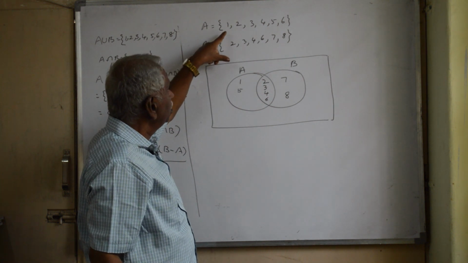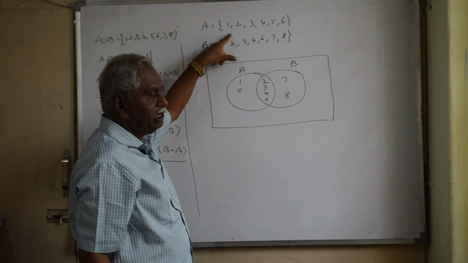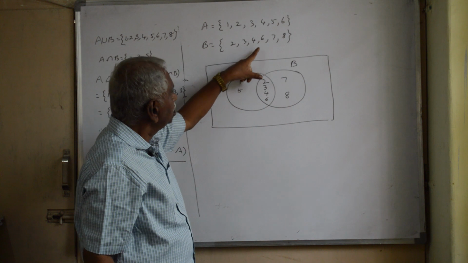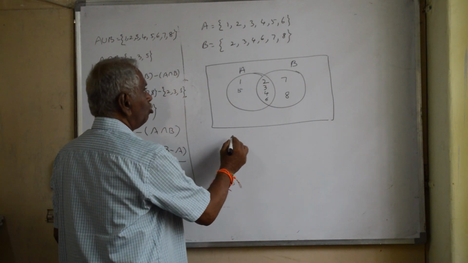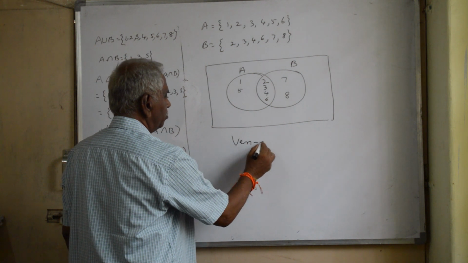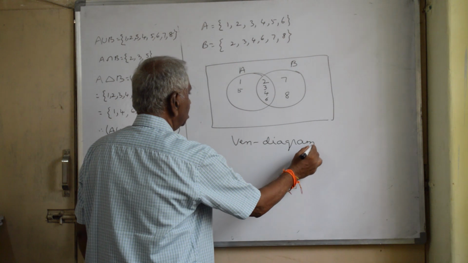Apart from that, 1 and 5 are the remaining in A. In B, 7 and 8 are the remaining. So this is called a Venn diagram.